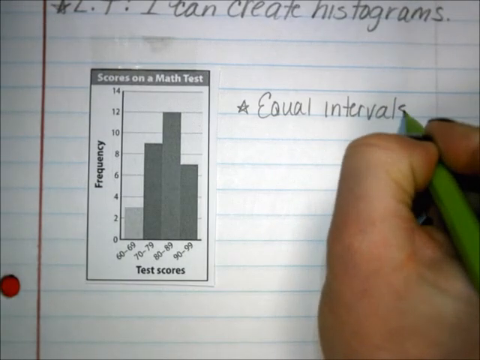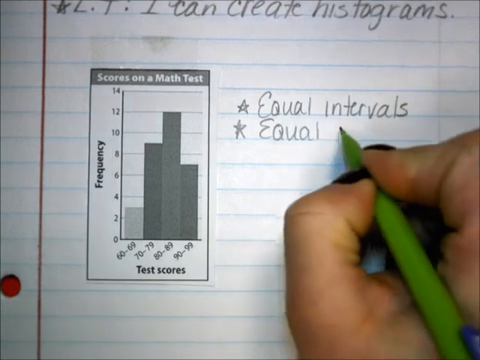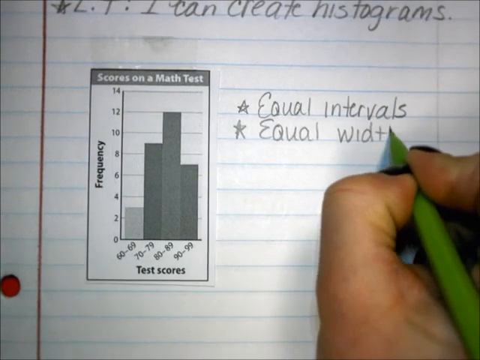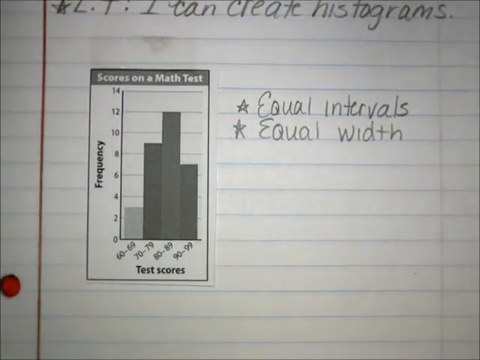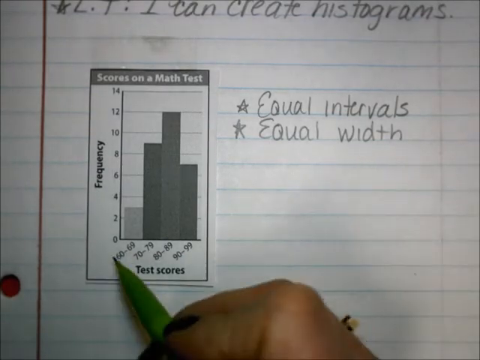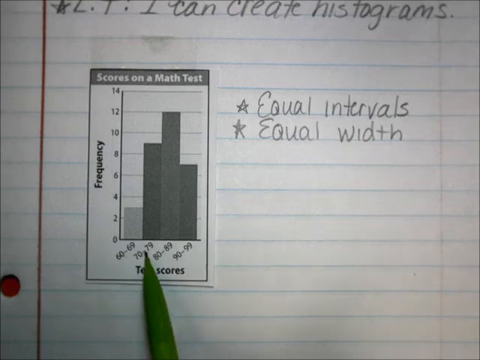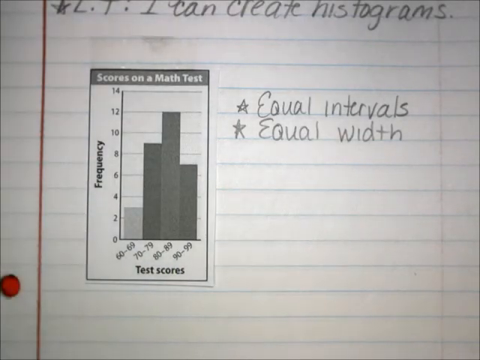And then when we draw them, that means that we will have to use an equal width when they're drawn, so that it's a good representation of the data that we're actually talking about. If you look, they went from 60 to 69, so the range of that interval is 9. If you look at all four, the range of the interval is 9.